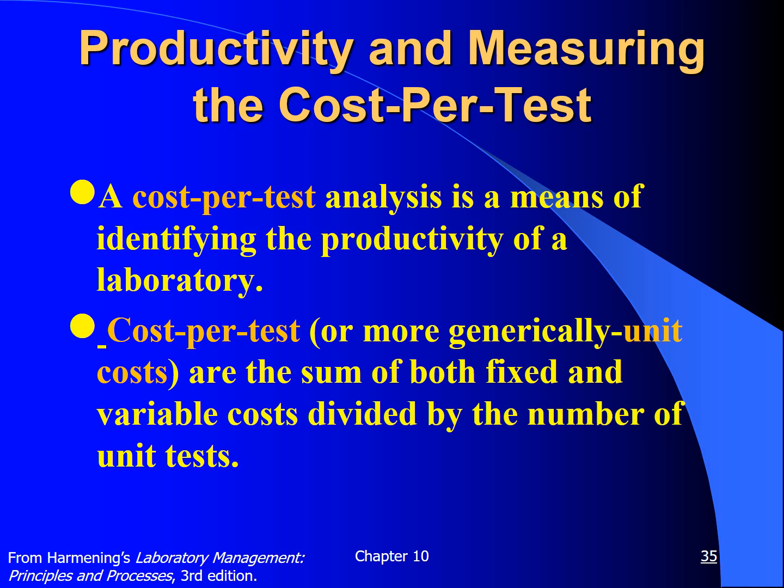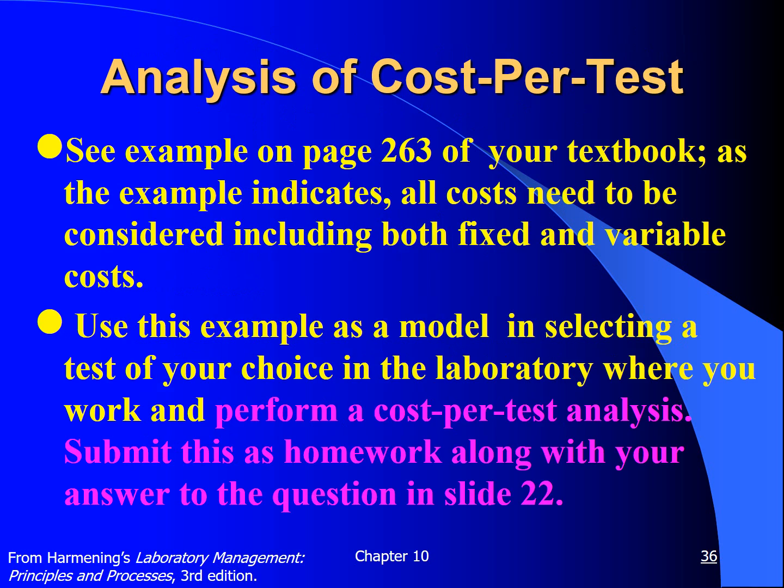Generally, the lower the cost per test, the more efficient the laboratory is in providing its services. The cost per test equals the sum of both fixed and variable costs divided by the number of unit tests.